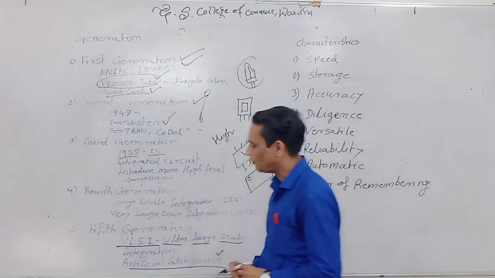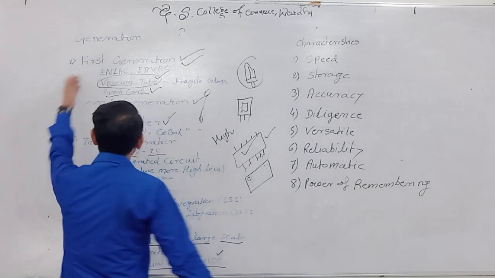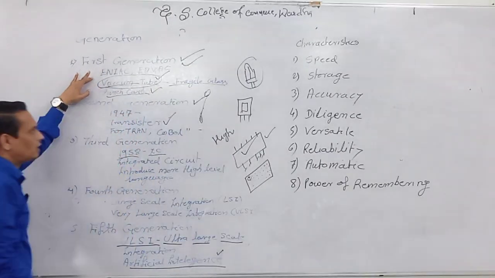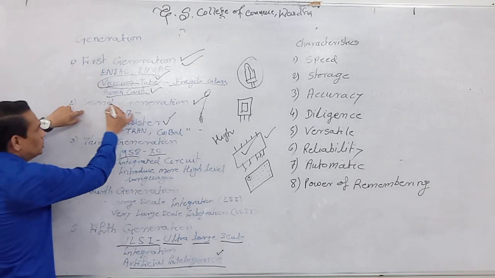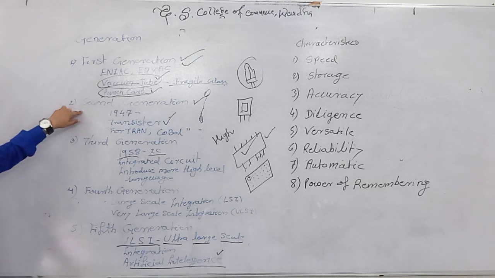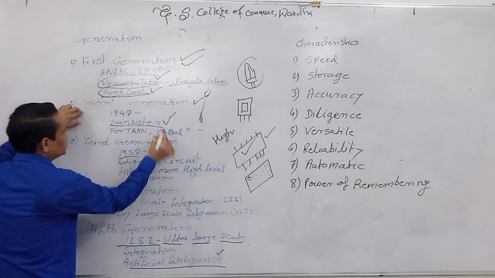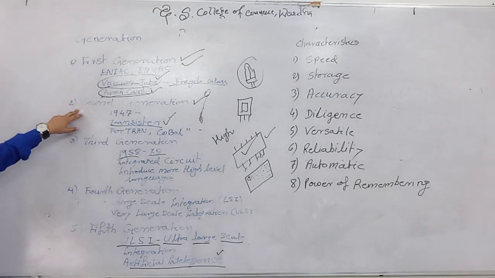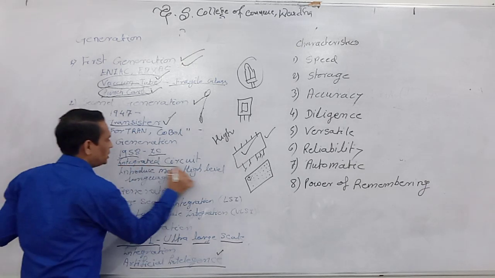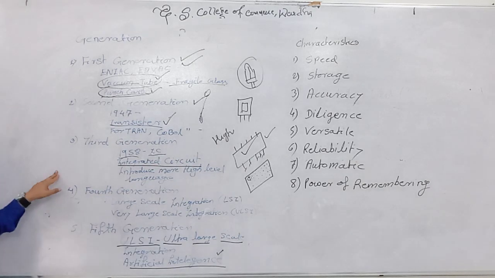So we have 5 types of generations. First generation uses vacuum tubes, which use fragile glass, and for storing the data we use the punch card. In the second generation, we have transistors which replace the vacuum tube. In third generation, we get the integrated circuit, and more high level languages were introduced.